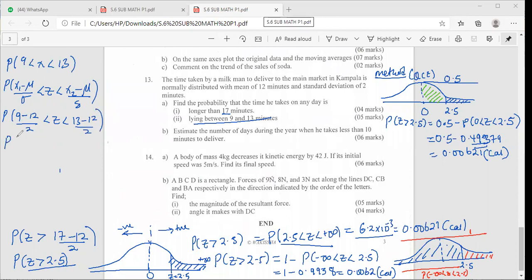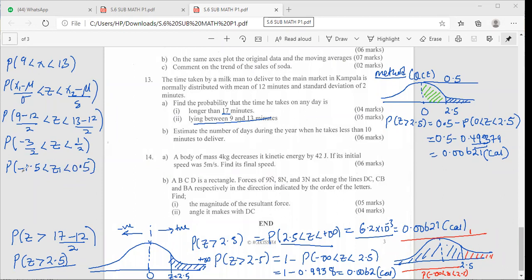This will give us probability 9 minus 12, you get negative 3 over 2, less than Z, less than positive 1 over 2. Giving us probability between negative 1.5 less than Z less than 0.5.